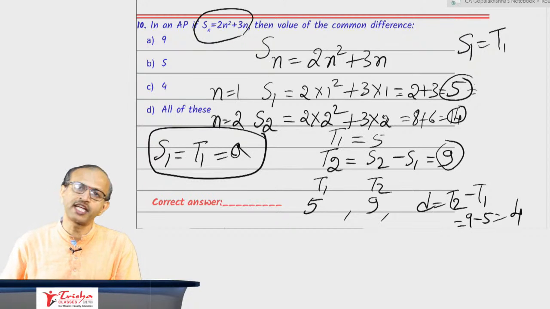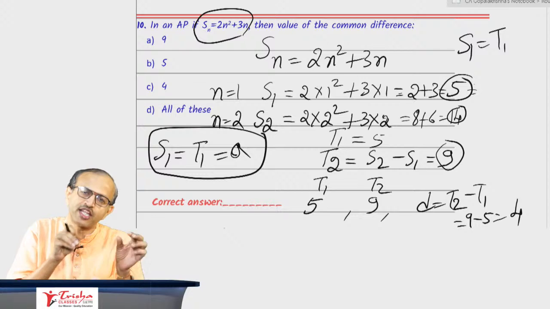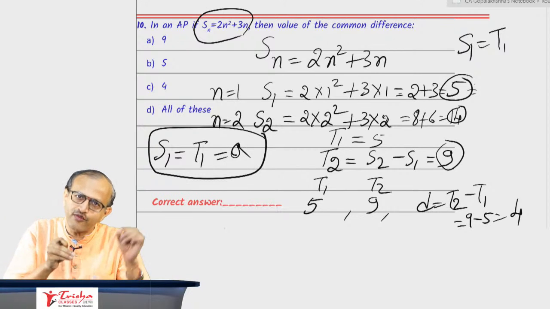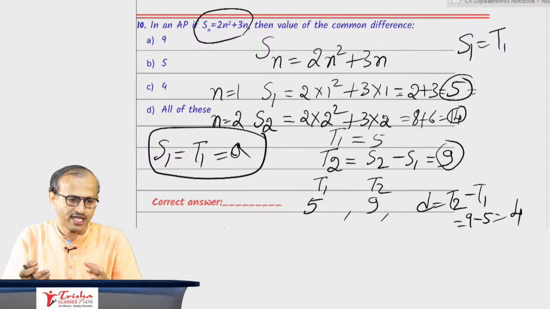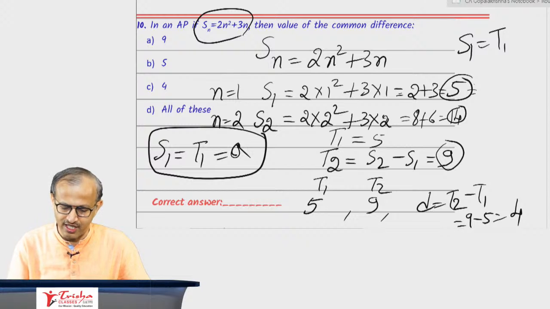Then what is T2? I know two terms total 14. The first term is 5. 5 plus what will give you 14? So it is 9. Then I came to know T2 is S2 minus S1, 9.